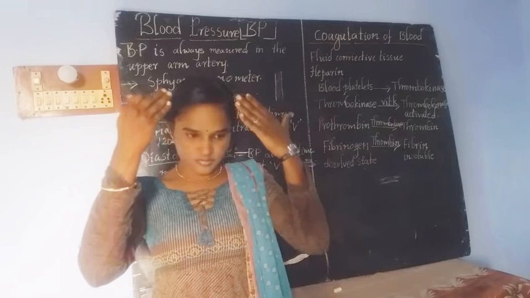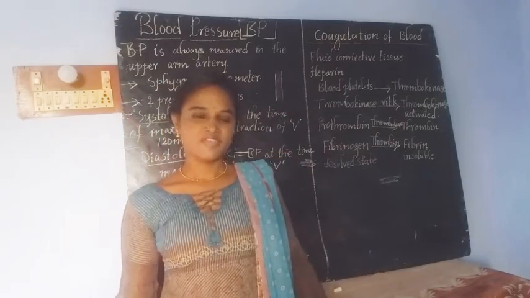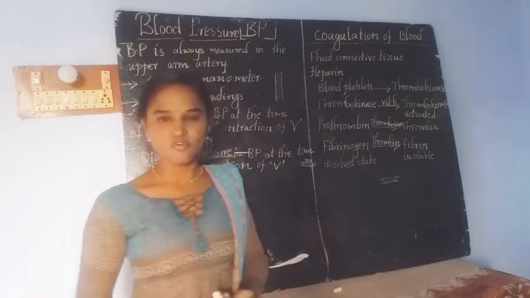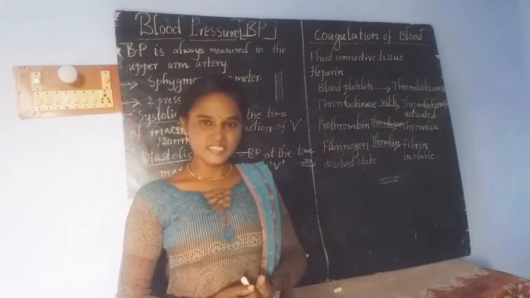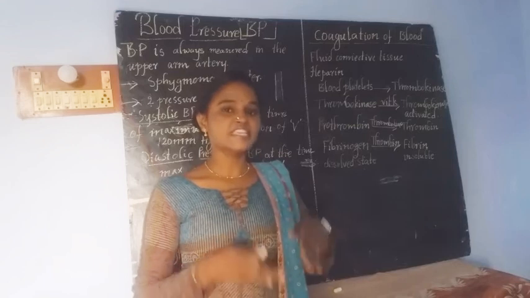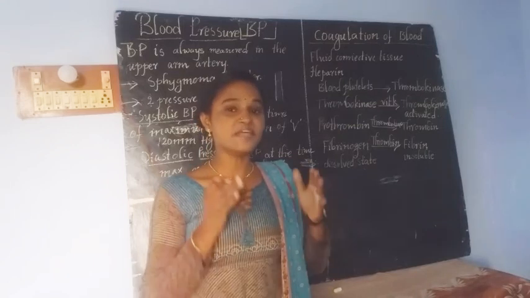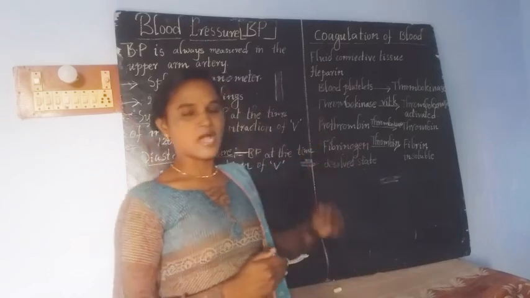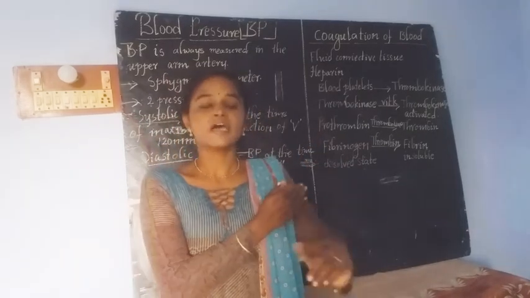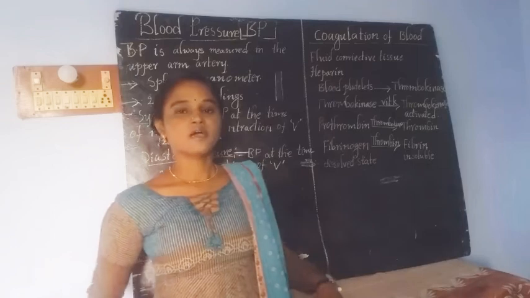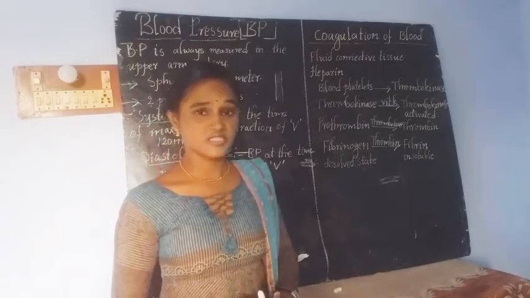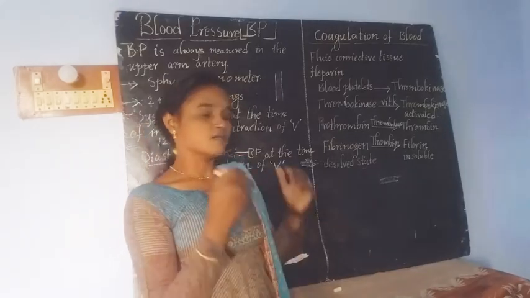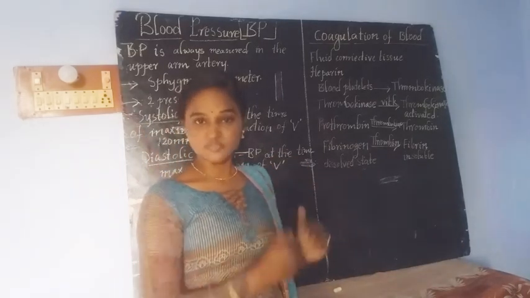Inside our body, in different parts, we have different BP readings. Doctors measure the BP at a particular body part, which is our upper arm. Whenever we go to the hospital, we find this, and the doctors use a device for measuring BP.